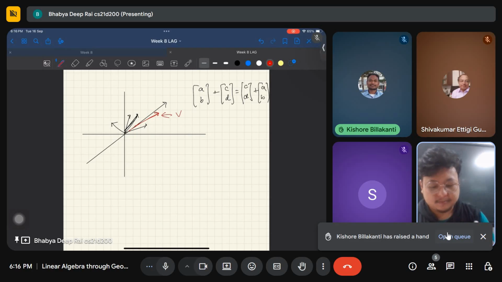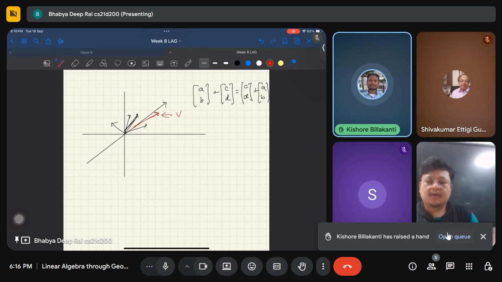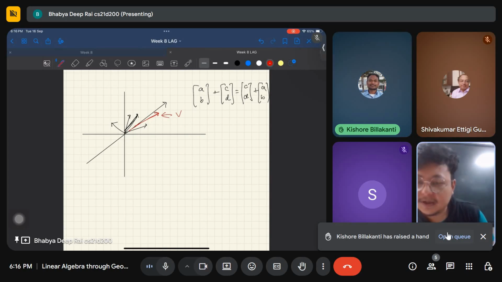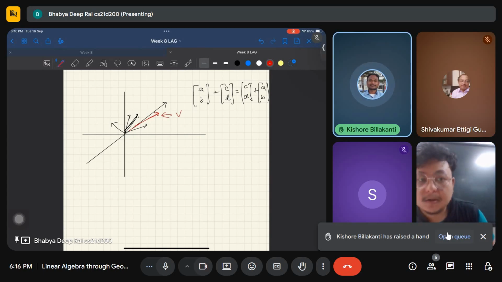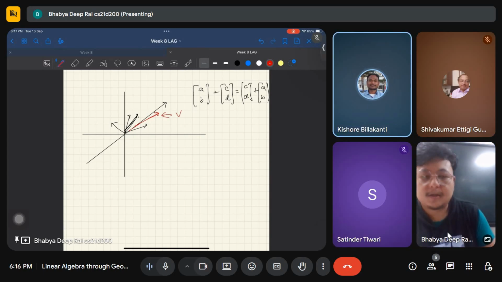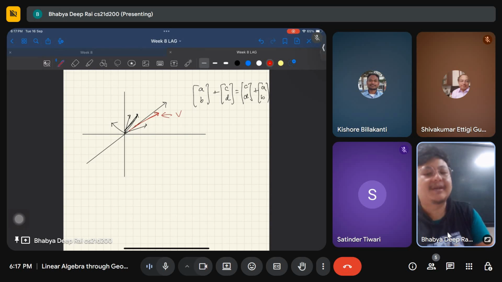Yeah, Kishore. We are comparing those 10 laws between two vectors, for all vectors, depending on the context, for all pairs or for all vectors.